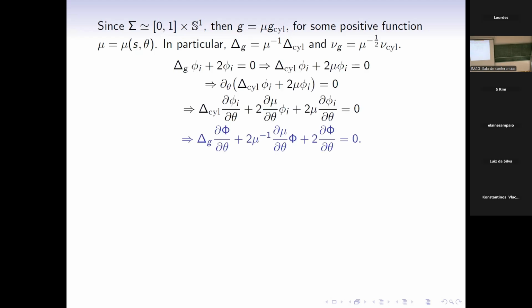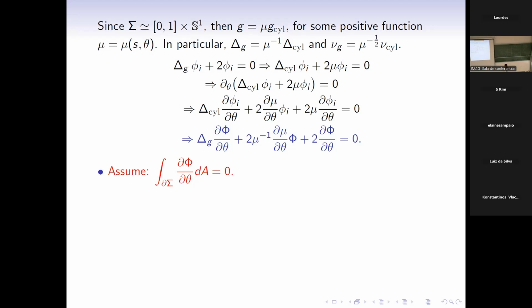Well, you know the relationship between the Laplacians and the conormals for each metric, and then you do some computations, go to the other coordinate, differentiate, go back, and you get this equation here. So you see that in the middle, it's exactly the term that we're going to prove is 0. So it's basically you want to prove that not only the coordinates of phi are eigenfunctions, we'd like to prove that the derivatives with respect to theta are also eigenfunctions somehow.